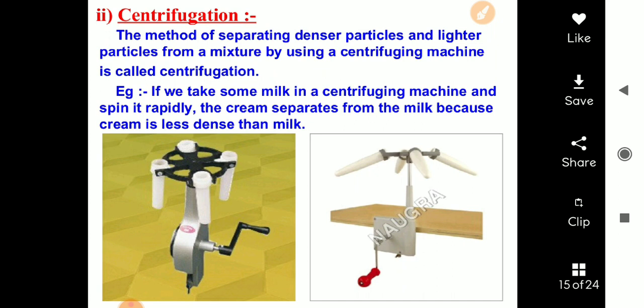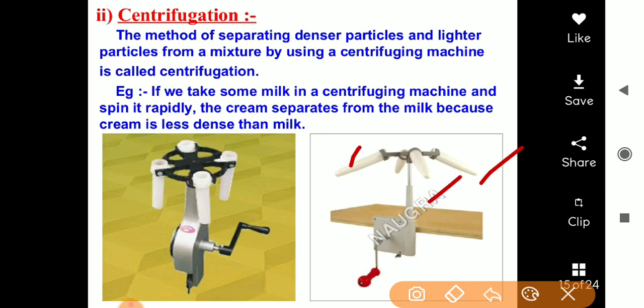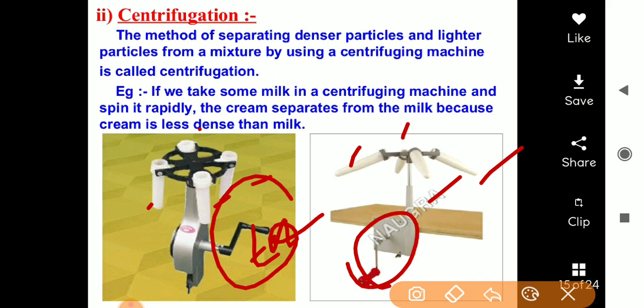You can see this picture of centrifugation. These are the centrifugation tubes. In these tubes the mixture is taken, and you can see this is the handle. When this handle is rotated in this way, the centrifugal tubes also rotate, and whatever denser particles are there in the mixture are forced away from the center because of the centrifugal force.